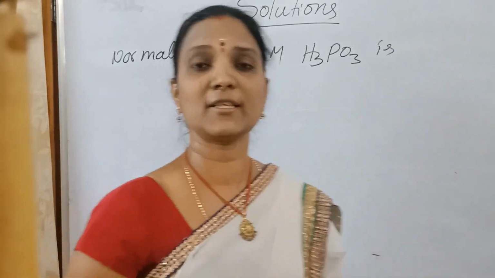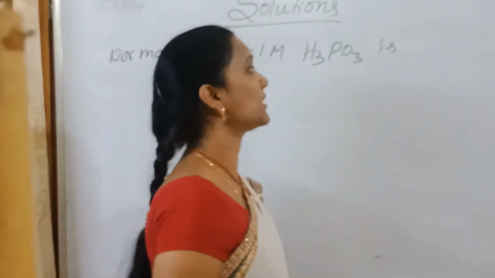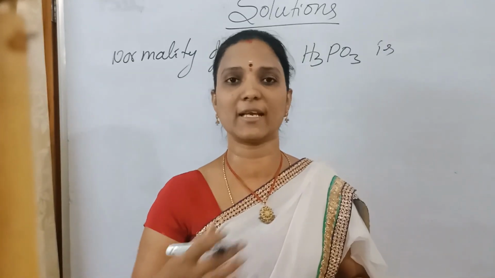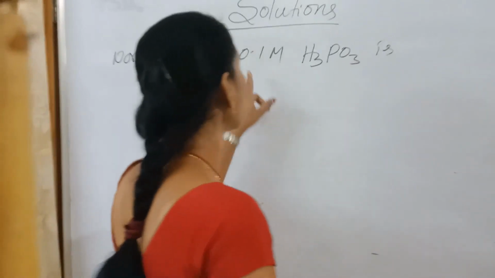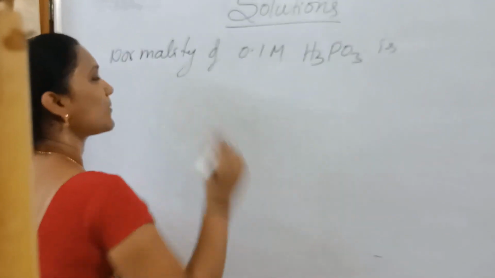First, definitely you should practice basicity, acidity, all these n factors. In the description box I have given one link, where I mentioned all the n factors with different examples. So practice that. 0.1 m H3PO3 is the molarity given, normality they are asking.